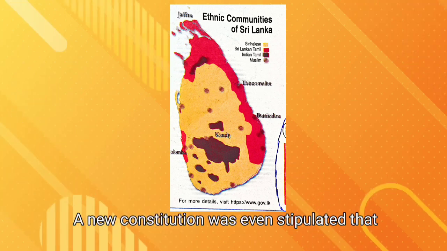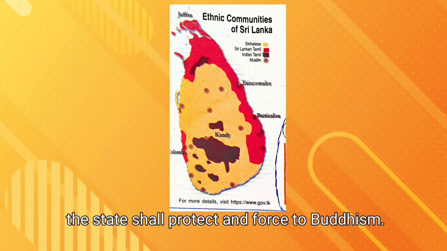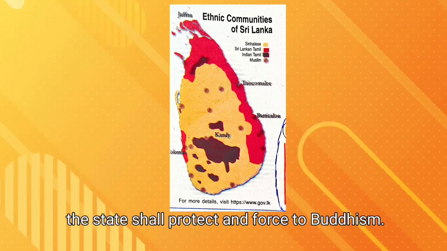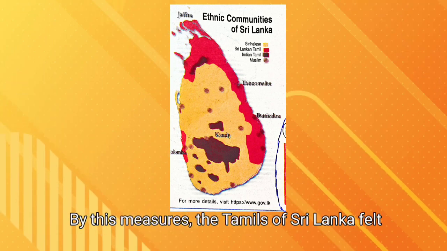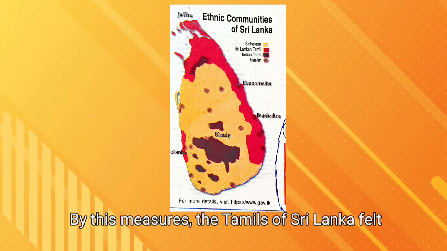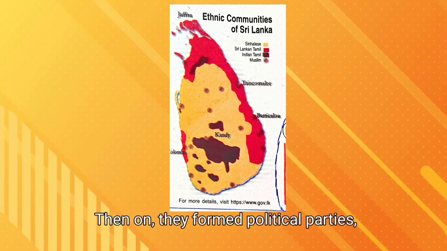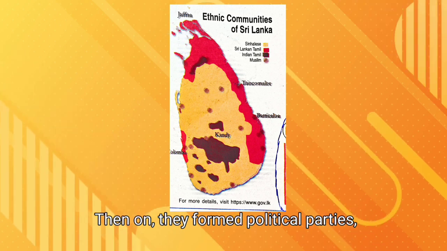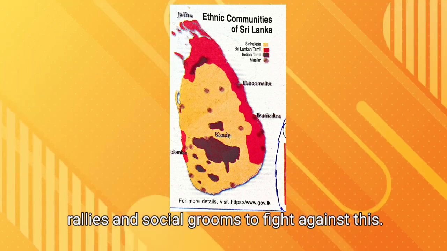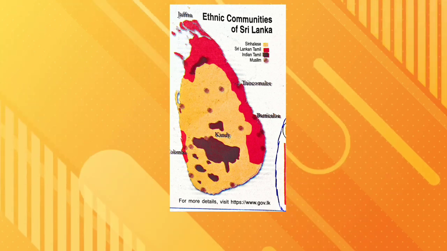A new constitution even stipulated that the state shall protect and foster Buddhism. By these measures, the Tamils of Sri Lanka felt disgraced. From then on, they formed political parties, rallies and social groups to fight against these unequal measures.